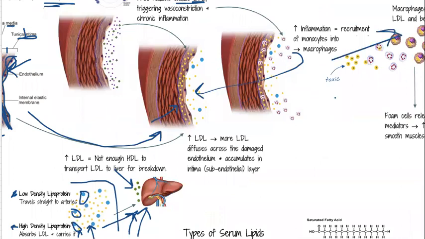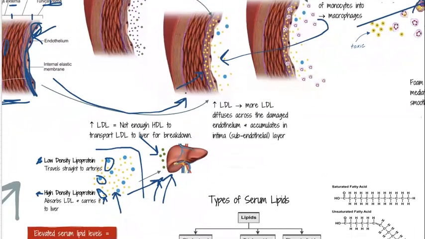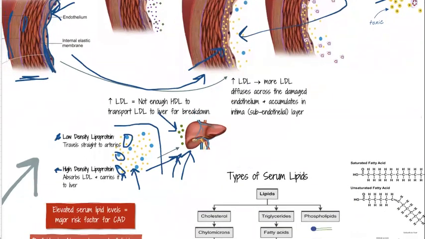And then, as we talked about earlier, those foam cells are really what starts that fatty streak, or the first phase of atherosclerosis.